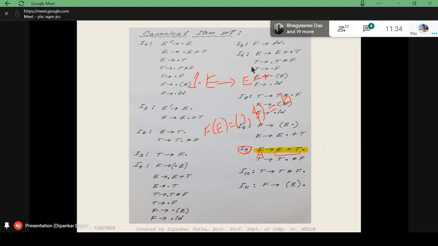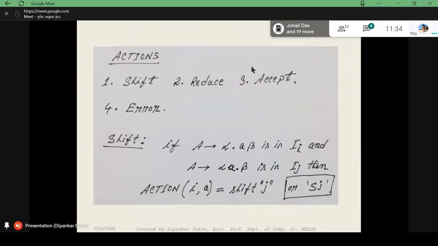In M of 9B, reduce 1. 1 means capital E implies E plus T. And this is the entry 9B. Check the table.